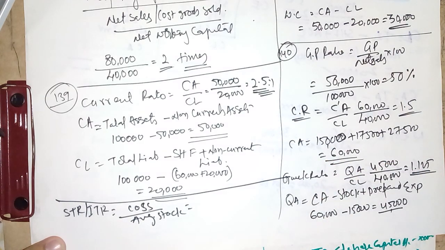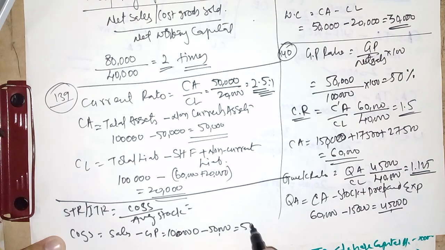COGS is equal to sales minus GP. Sales are given in the question, that is 1 lakh, minus GP is 50,000. Therefore COGS will be 50,000.